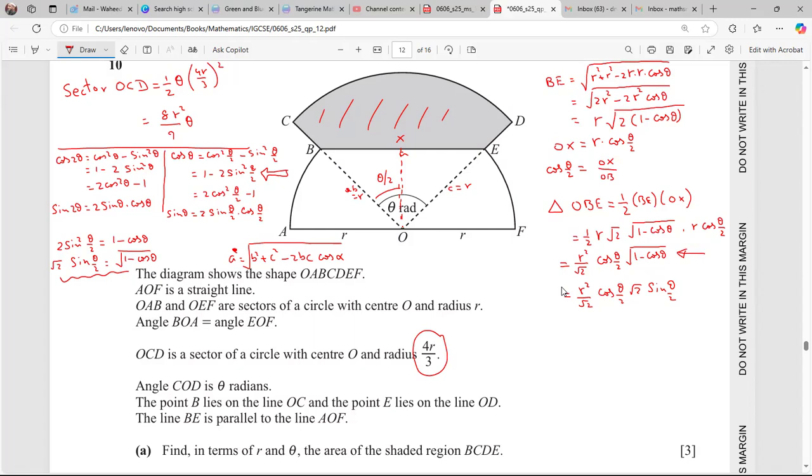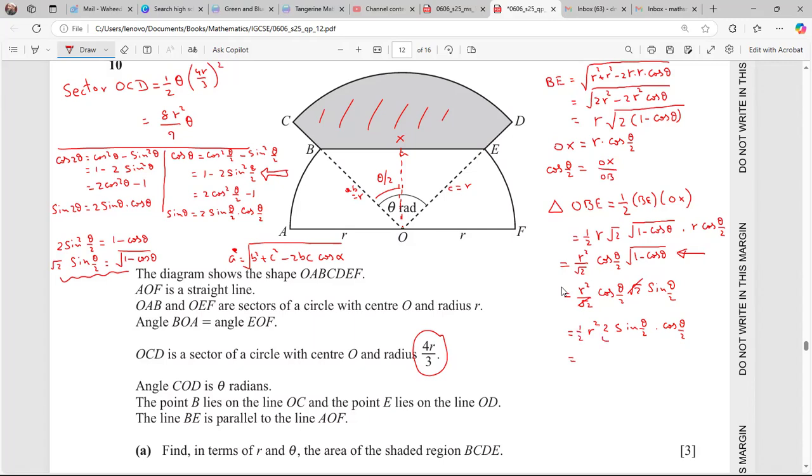Now under 2 cancels with under 2, and I can write it as R square, and this is sine theta by 2 into cos theta by 2. If I multiply by 2 and divide by 2, no problem.